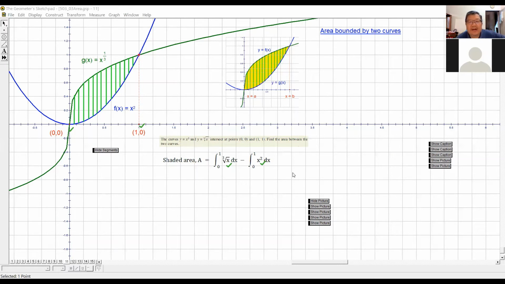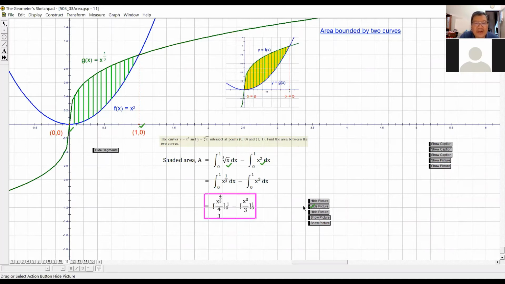Okay, right. So we use the top integration minus the bottom integration, then integrate now. When you integrate, you cannot integrate straight away, because I don't know how to integrate a cube root. So I change it to x to the power of 1/3. I want to integrate x to the power 1/3, and then integrate x squared.